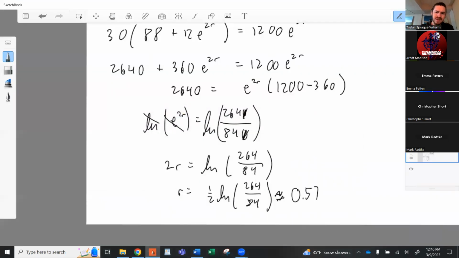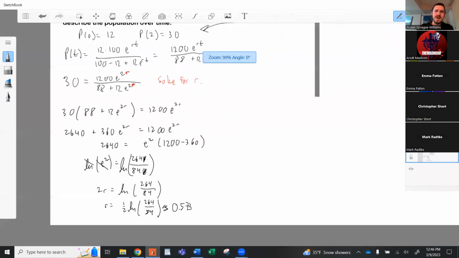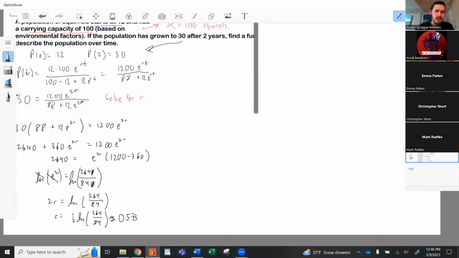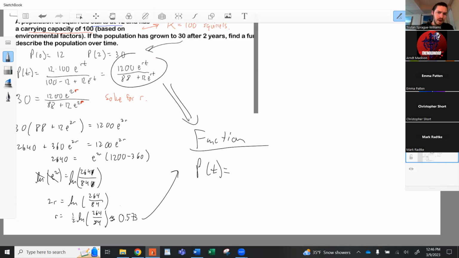About 0.573. So now our function to describe this squirrel population should be what we had over here, but with the R plugged in.